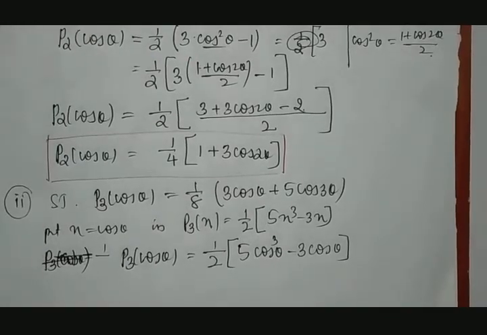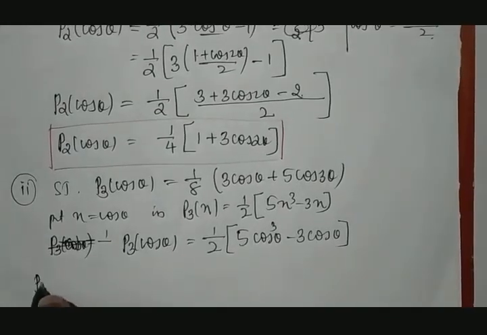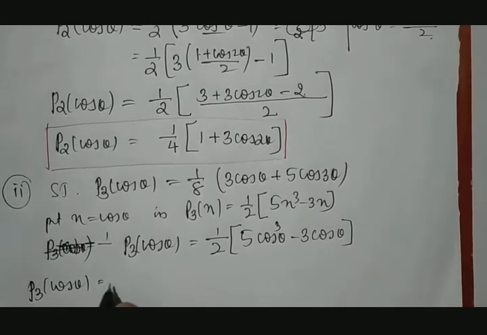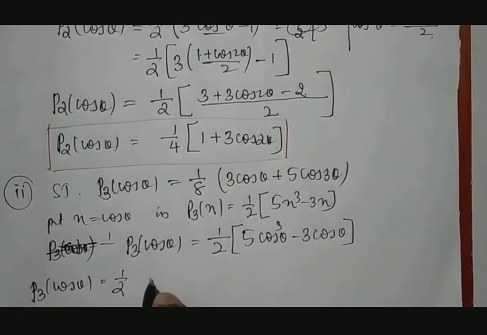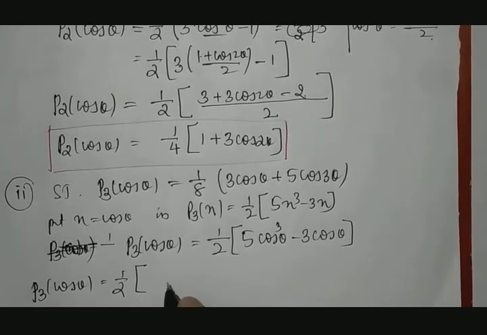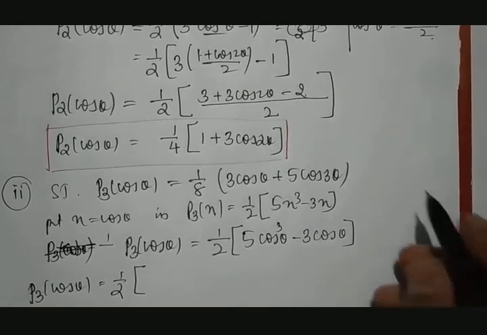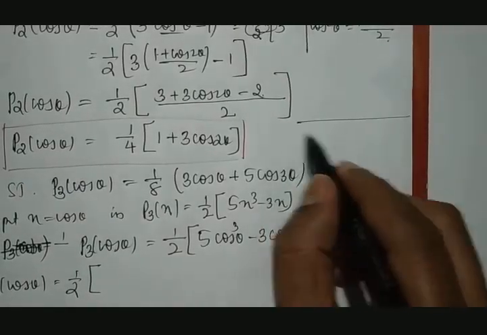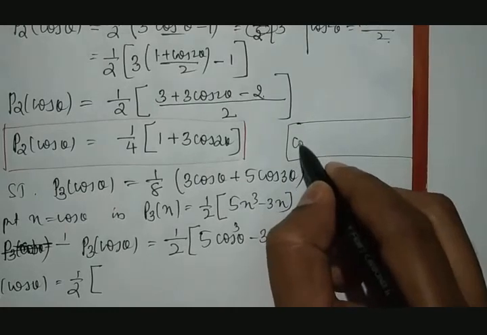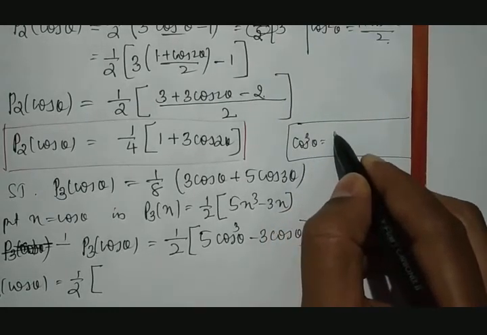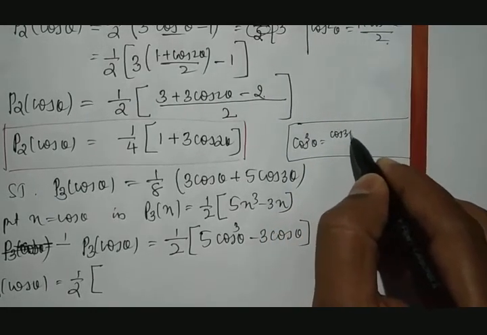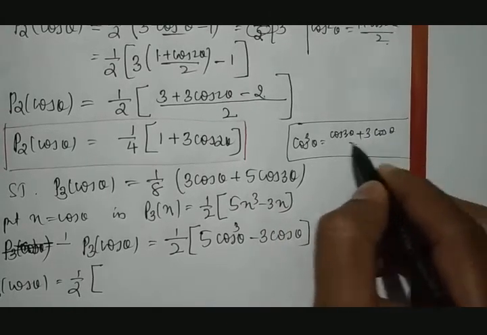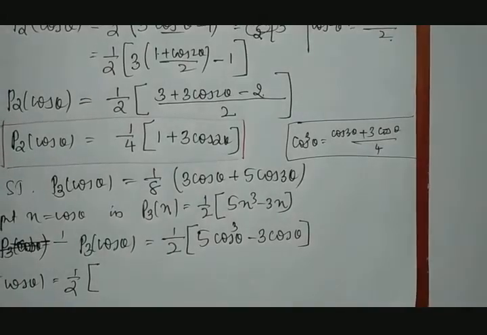So we should understand what is the meaning of cos cubed theta first. We know that cos cubed theta is nothing but cos 3 theta plus 3 cos theta divided by 4.